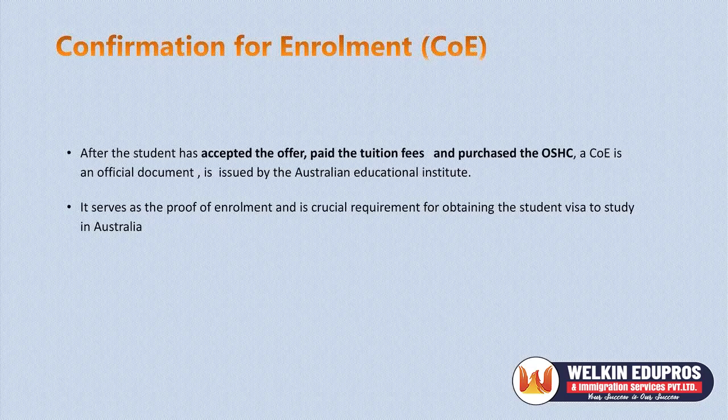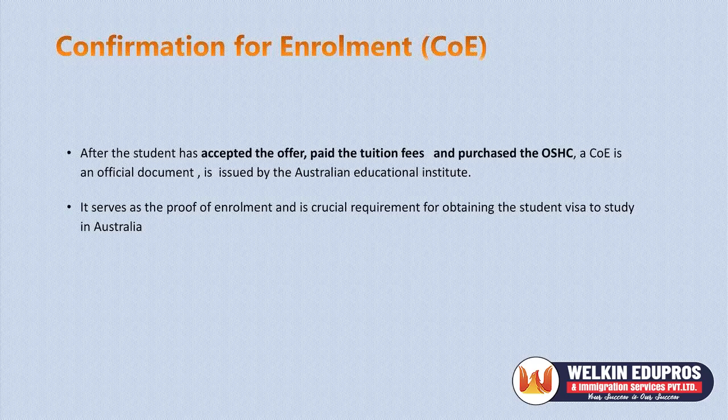It serves as proof of enrollment and is a crucial requirement for obtaining a student visa to study in Australia. The COE contains important information such as student personal details, the educational institute details, and the course details, including start and end dates.